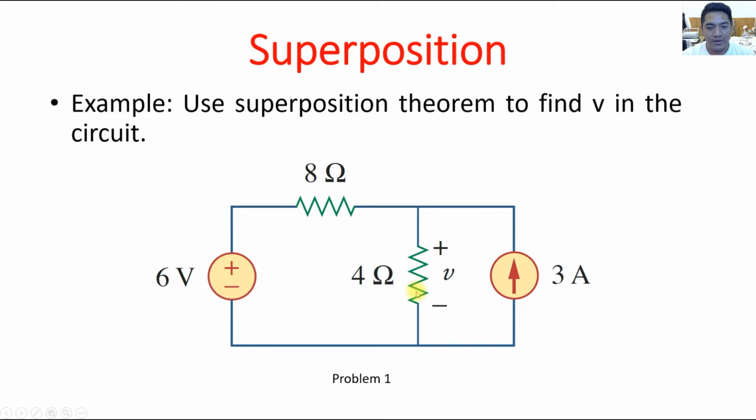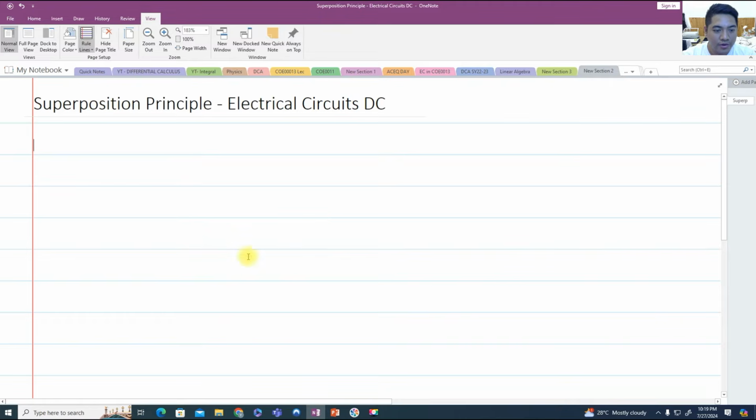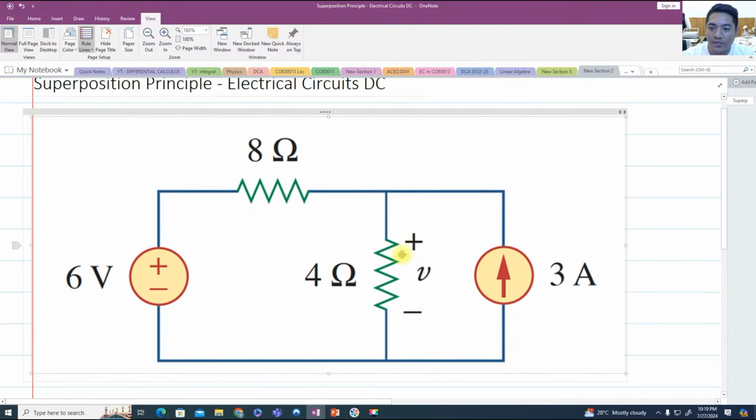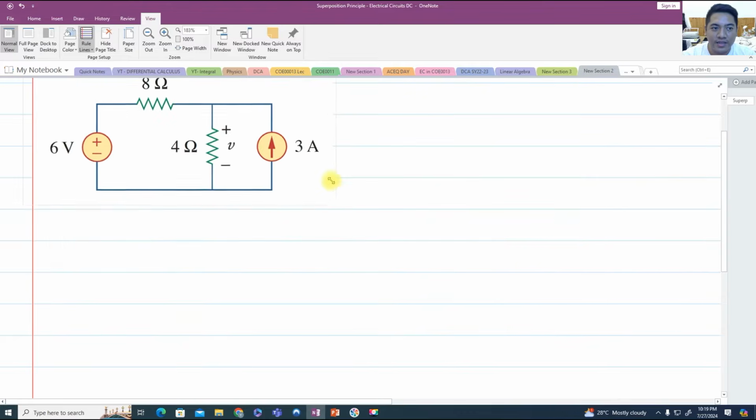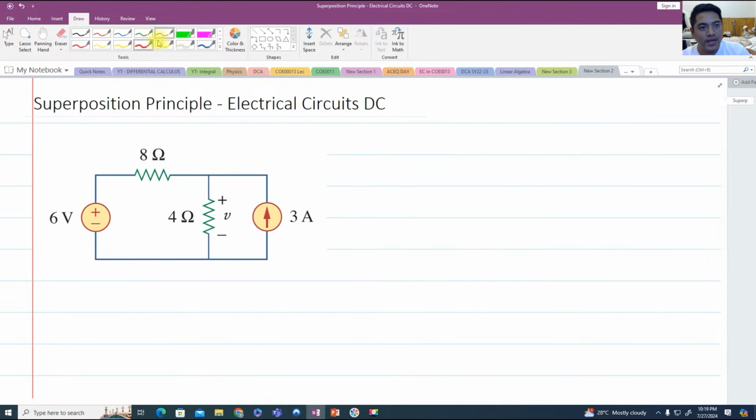So in order for me to solve this, I'm going to copy paste this. By the way, this is from Electrical Circuits, the book by Sadiku. So let us try to solve this by the superposition method.